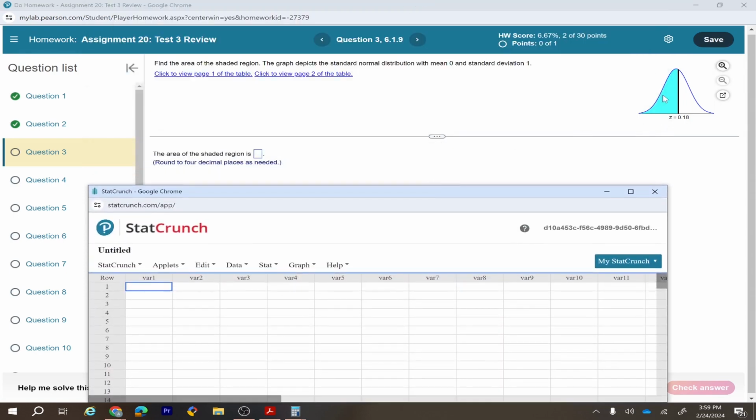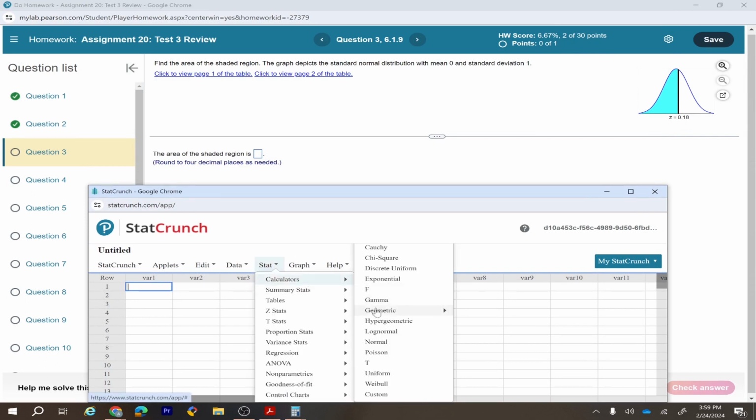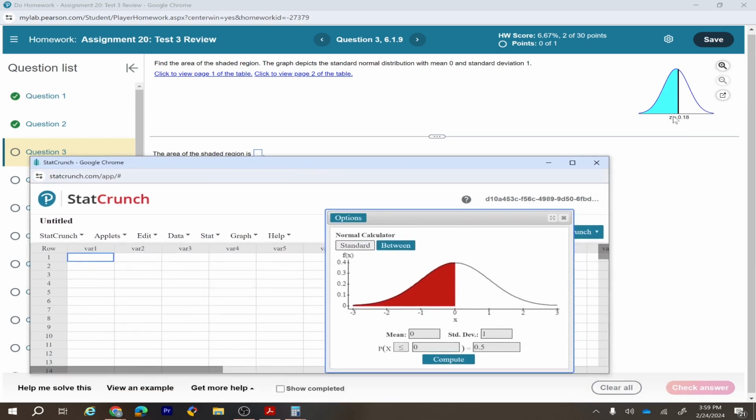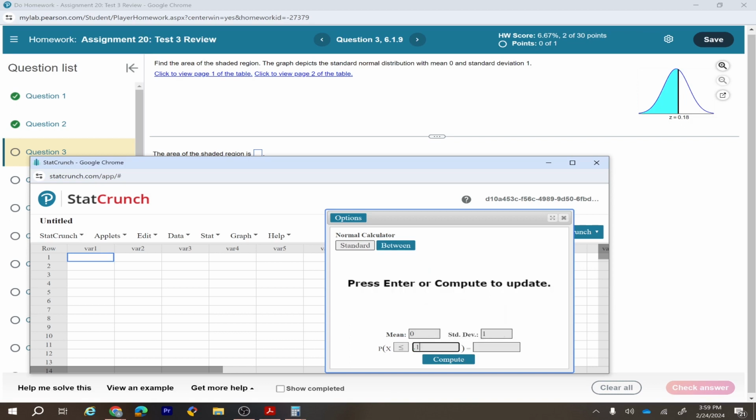In this case, you would like to find the area under the curve for the z-score 0.18. So go to Stat, go to the normal distribution calculator. Since this is the z-score, the mean is 0 and standard deviation is 1. We would like to find the probability for the value which is less than 0.18.